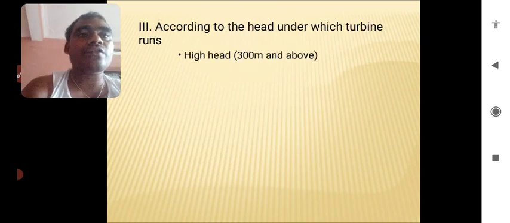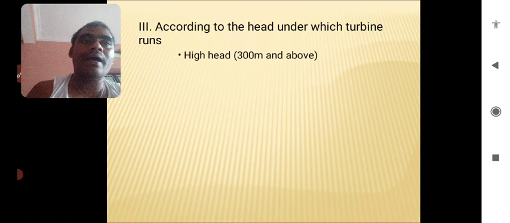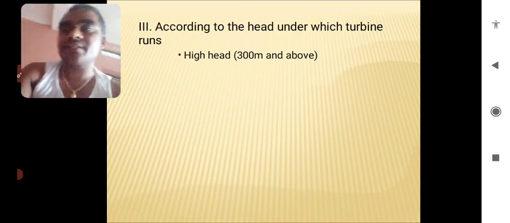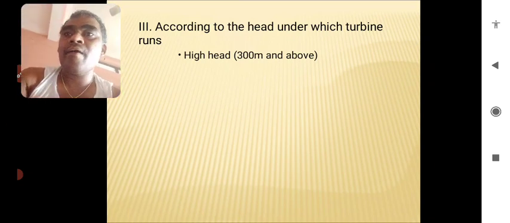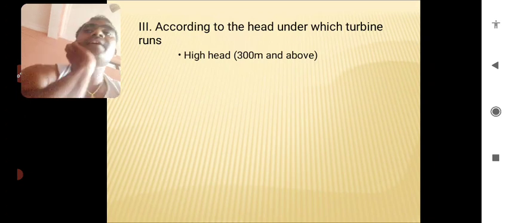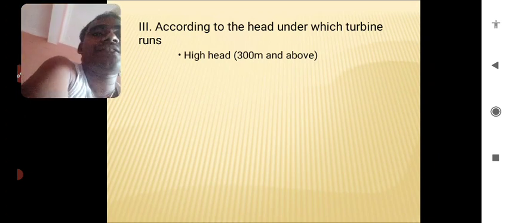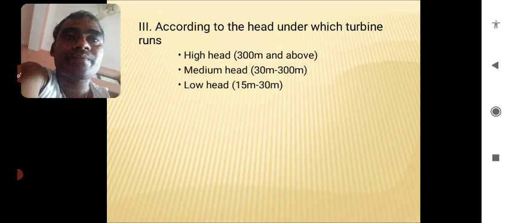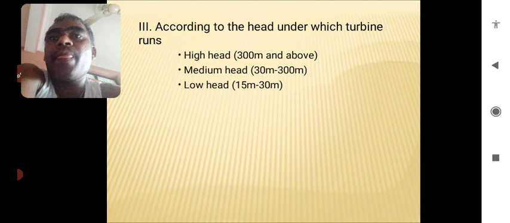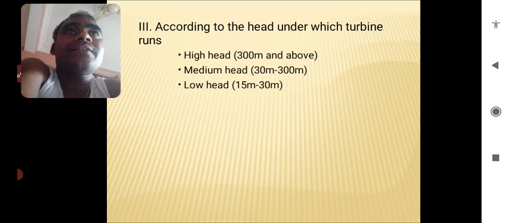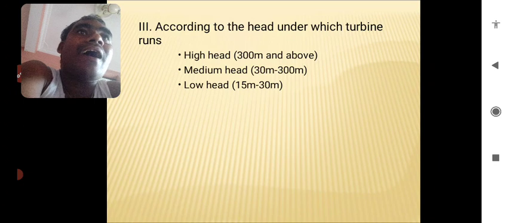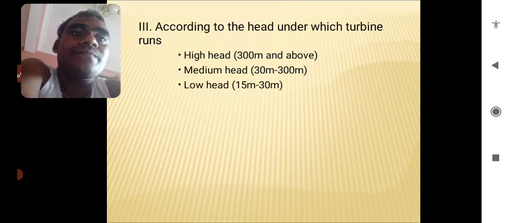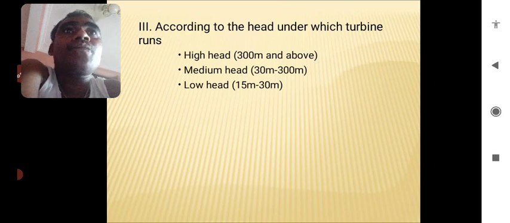And next, according to the head under which the turbine runs, there are three types: high head turbines, medium head turbines and low head turbines. High head turbines are the turbines working under high heads, greater than 300 meters.